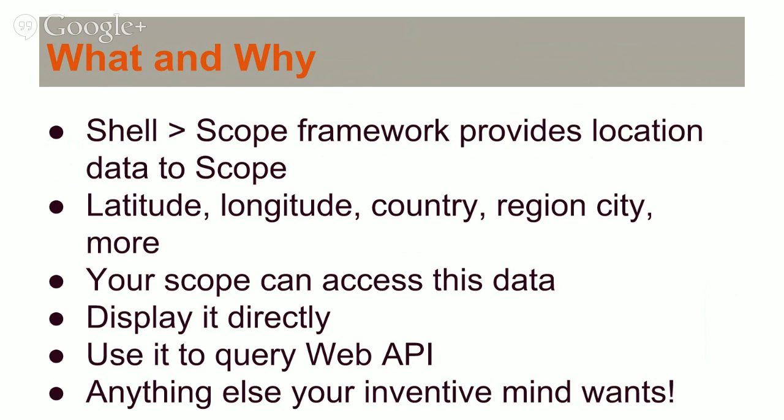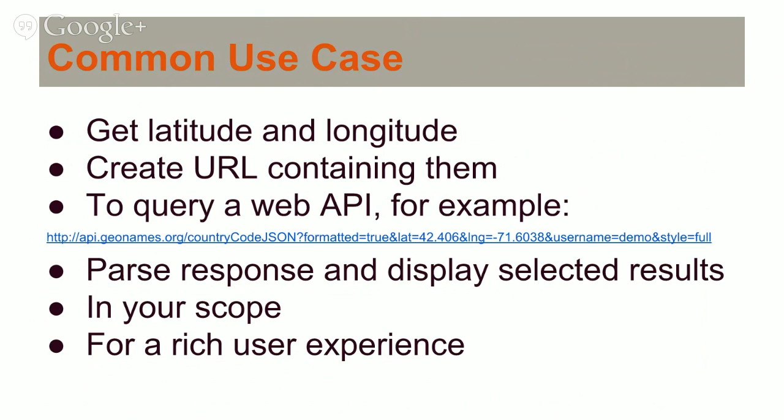You get the latitude and longitude of the user's device, and then you build up a web query using the latitude and longitude, get results, parse them, and display them to the user in your scope. Very common. Or you can do anything else with this location data that you can think of. There are lots of things you can do with it, and it enriches the user experience in the scope.